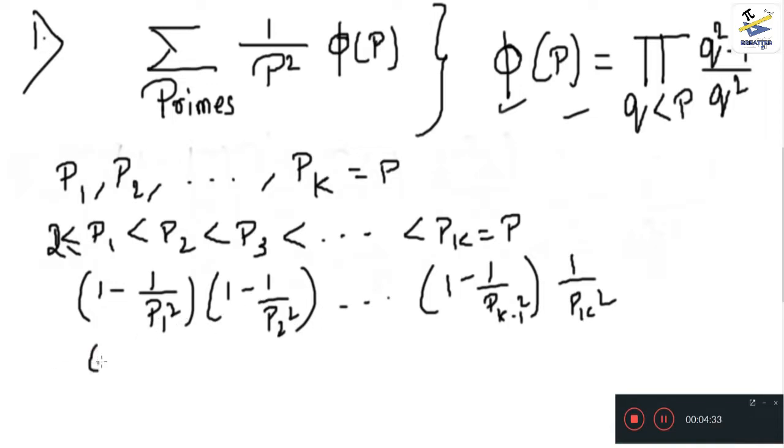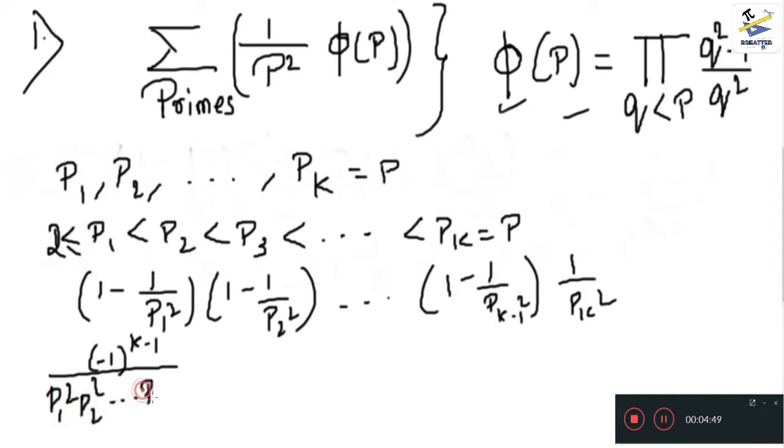So the entire thing, 1 by p square phi of p, is equal to a sum of terms of the form like this in various alternating versions, because there will be only a single one left, and that one will be multiplying with 1 by pk square.